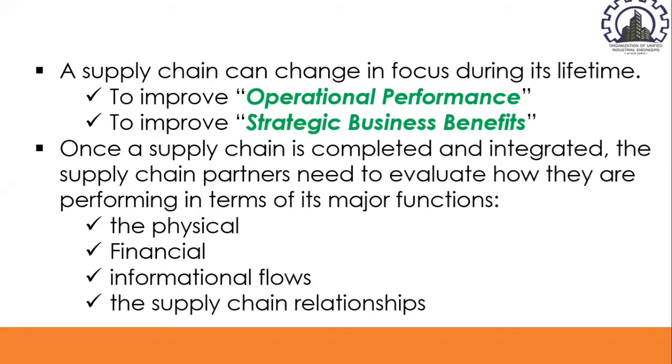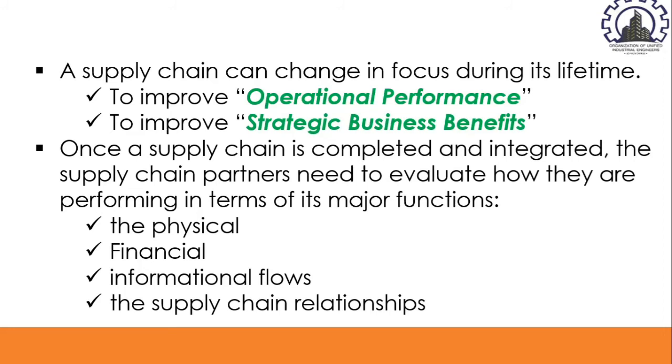On the other hand, it is to improve strategic business benefits as well. As the supply chain advances in complexity, its focus turns to the improvement of strategic business benefits, such as fostering innovation, achieving competitiveness in information, sustaining market growth, and constructing higher entry barriers to potential competitors.